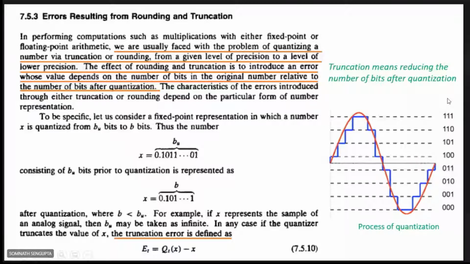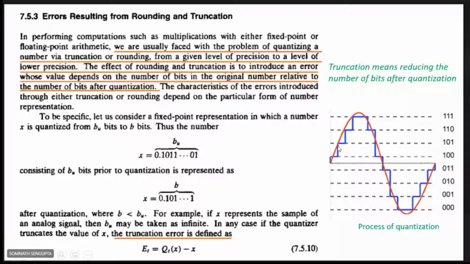So we divide the whole dynamic range of the signal into some levels. At every point of the analog signal, there is an actual value and there is a quantized value. The quantized value is taken depending on the level at which it falls.